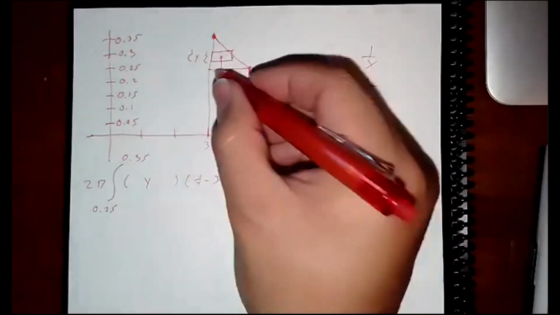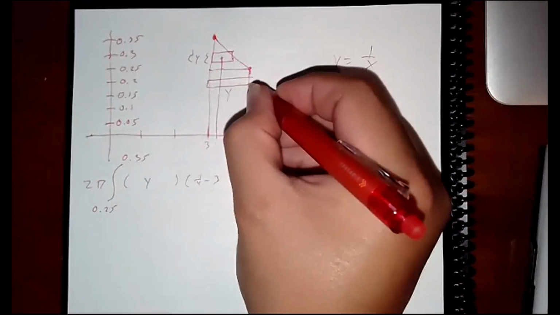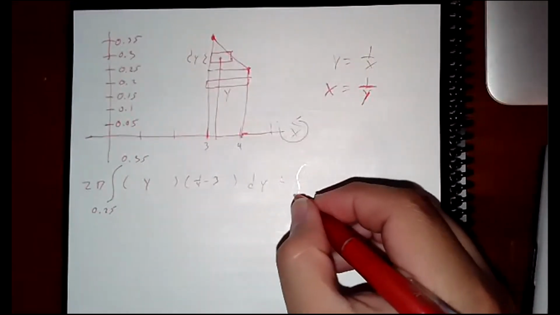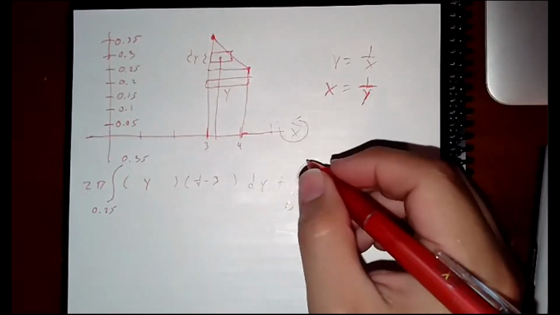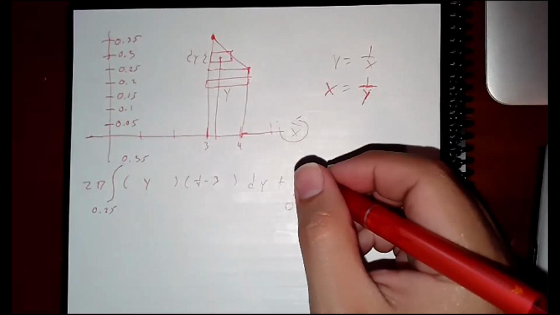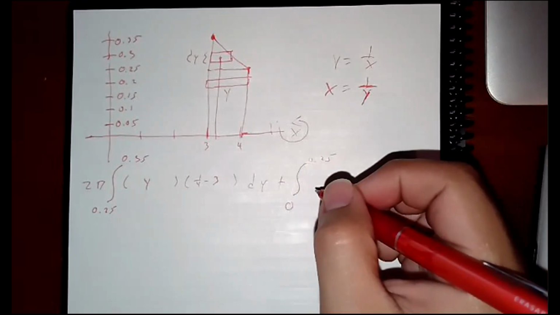Now from here to here, I'm going to be using the integral from 0 to, what number is that? 0.25, right? Yeah.